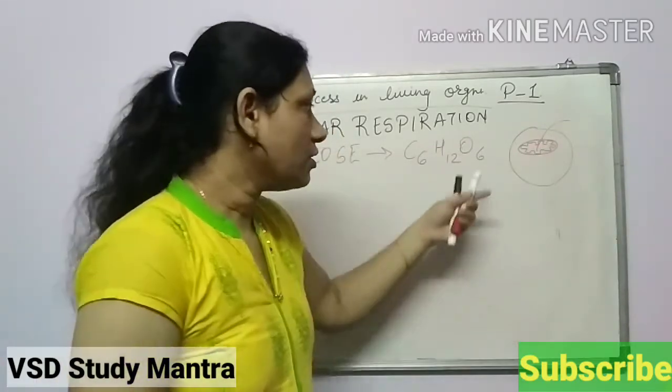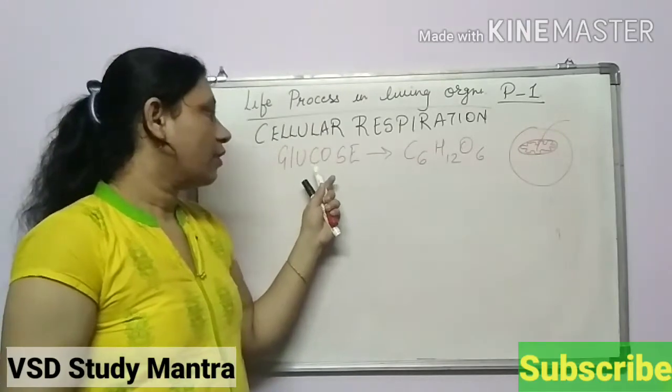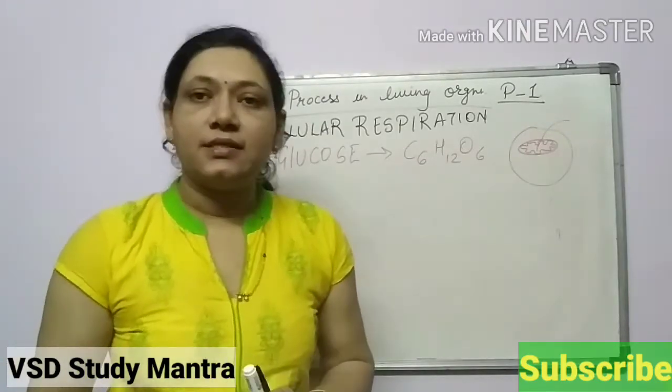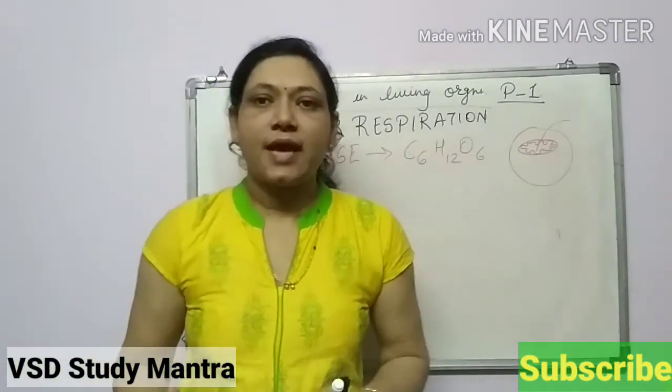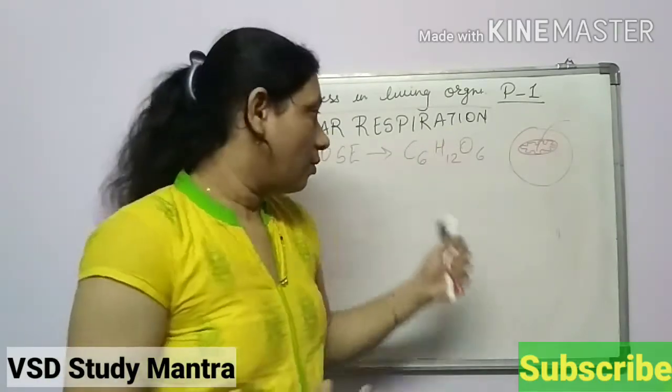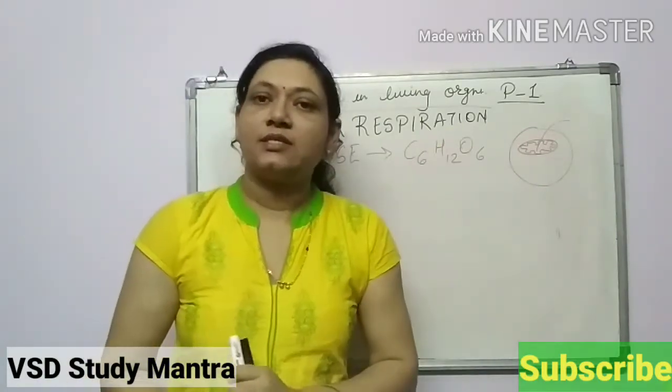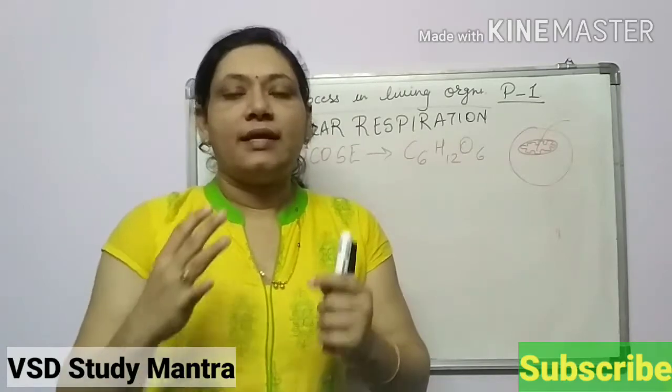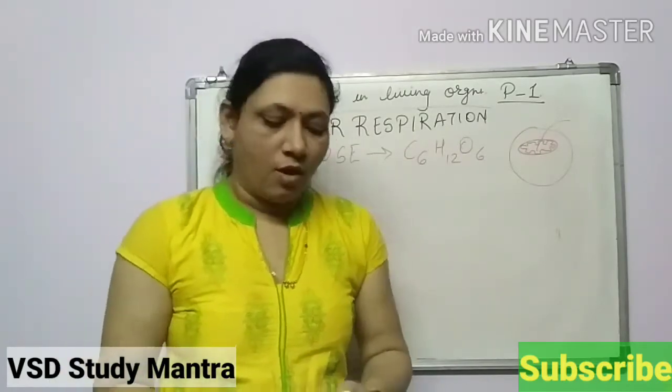Okay, so how is it done? Glucose is oxidized. What is oxidized? Oxidized means reacted with oxygen.